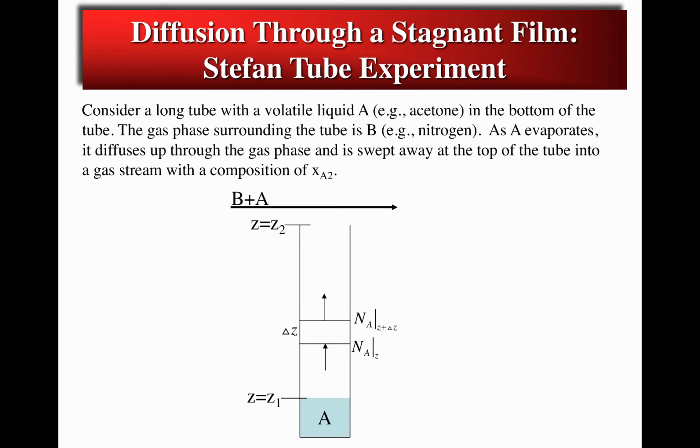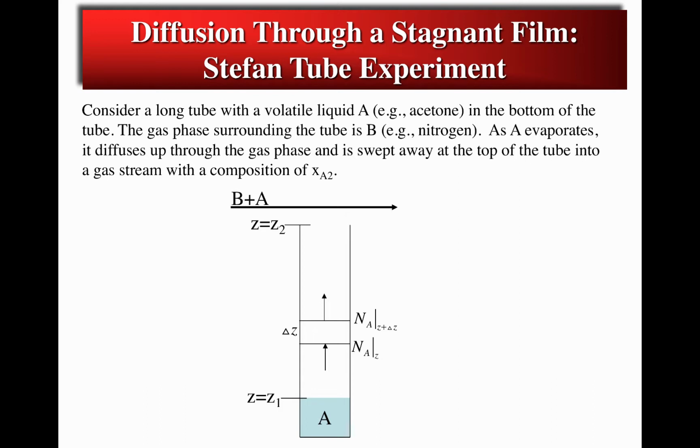The first problem we'll look at is one that has been known for many decades, and that is a way in which diffusion coefficients can be measured, a so-called Stefan tube experiment. In a Stefan tube experiment, you take a liquid, for example, I'm going to call it A, and put it in the bottom of a tube.